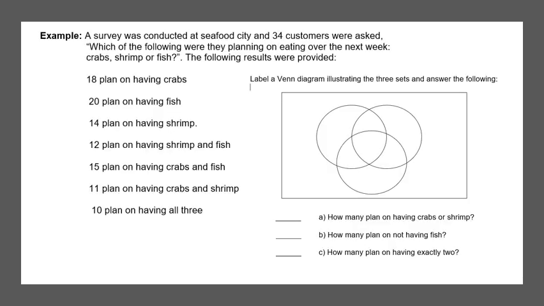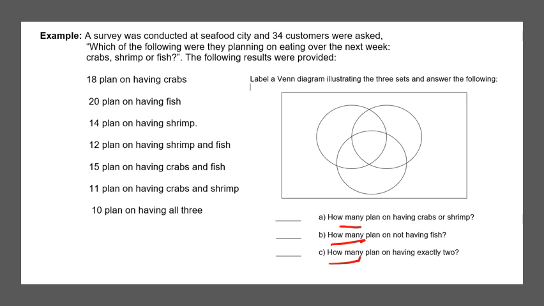All right, here we have a survey that was conducted at Seafood City, which is looking mighty pretty, down on Broad in St. Bernard, right? Now, 34 customers were asked, which of the following were they planning on eating over the next week? Crabs, shrimp, or fish? And the following results were provided. So we have a whole list of numbers, and if you look, we're trying to count here, right?